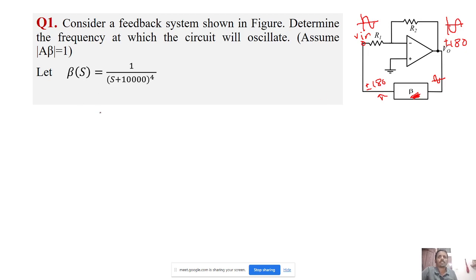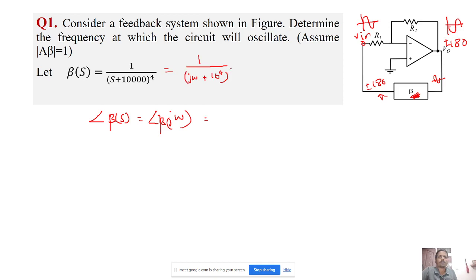So we just need to find the frequency at which this produces this 180-degree phase shift. We need to find the angle of beta of j omega. Beta is given as 1 by s, that is j omega, plus 10 power 4, the whole power 4.